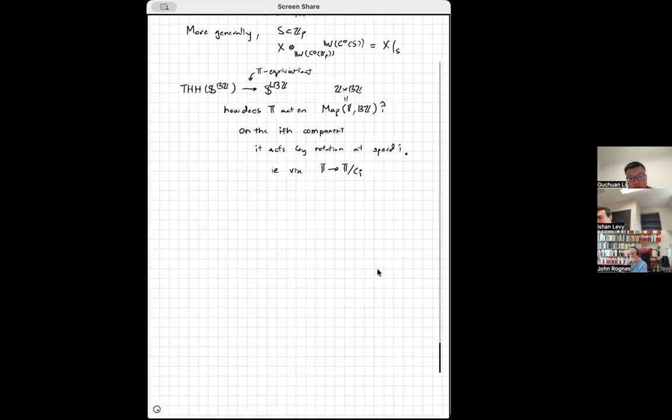So, for example, what you learn is that the action is free for i equals 1.